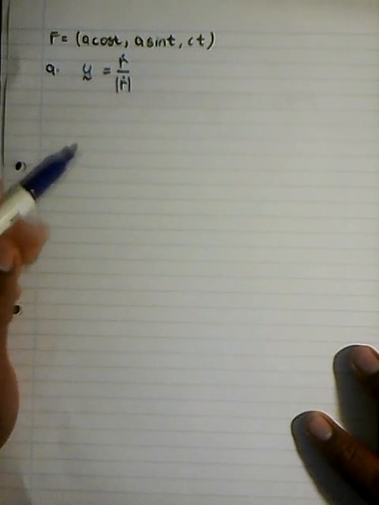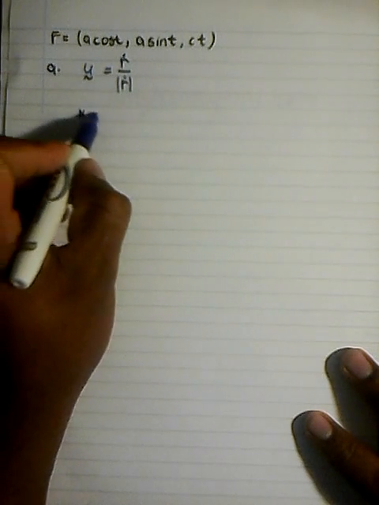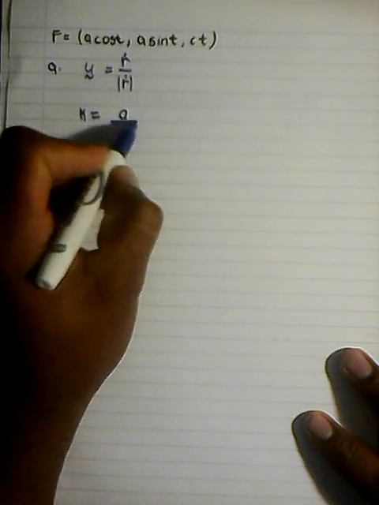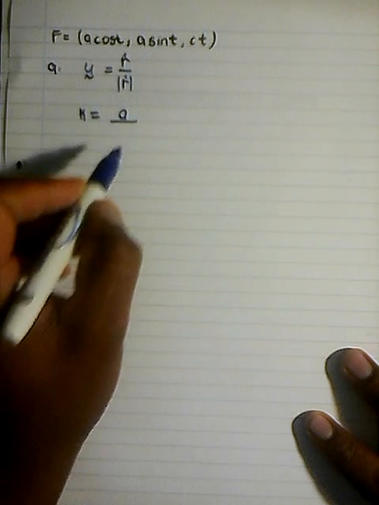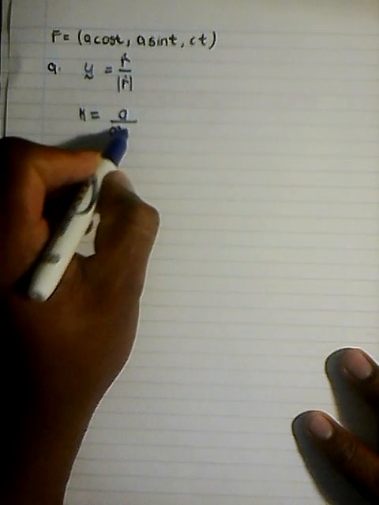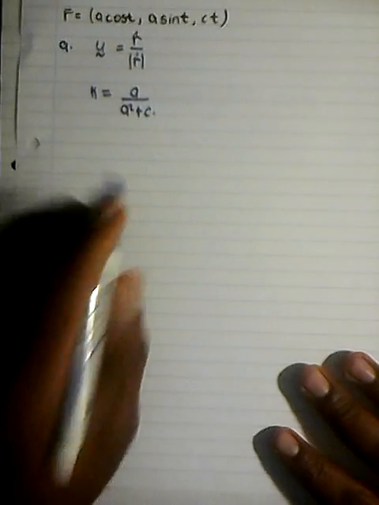We've also been asked to show that the curvature k is given by a over a squared plus c squared. So we're first going to determine the first derivative of r. We want to determine u now, so we are answering the question.